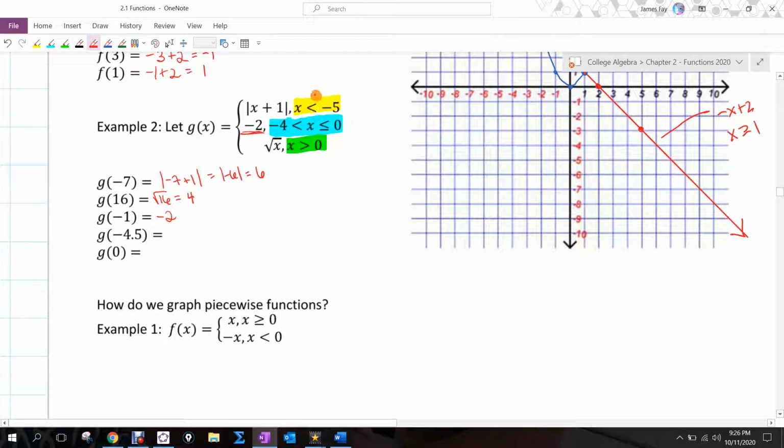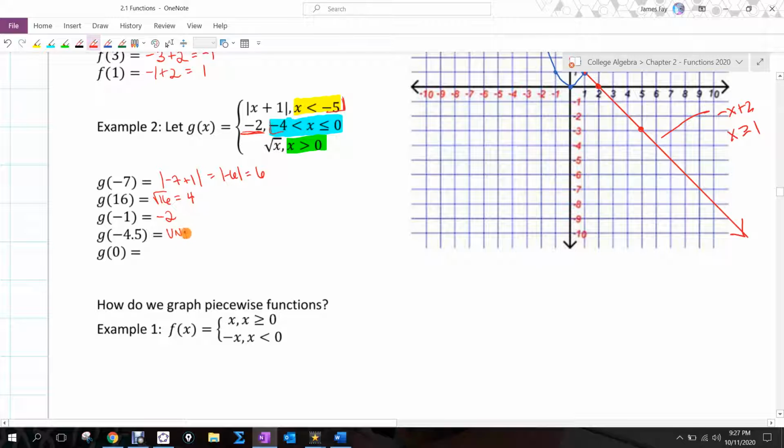-4.5. Now think about this. This is everything less than -5, and this is -4 up to 0. -4.5 is in the gap between that number there and that number there. -4.5 is not defined in this.